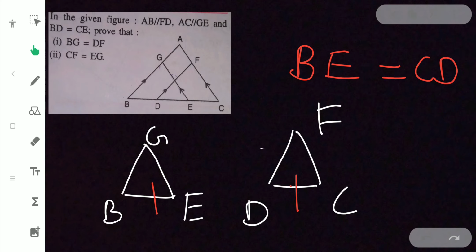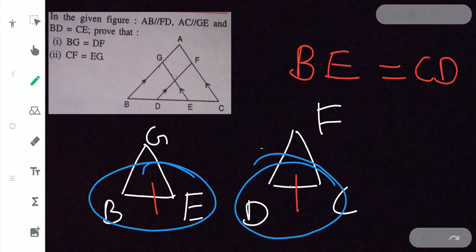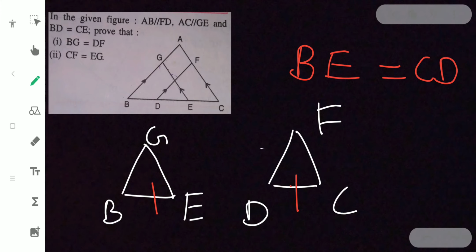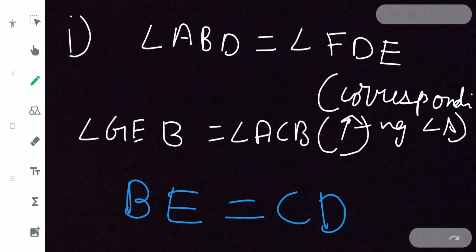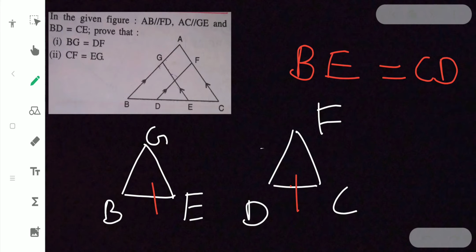So now I am having this whole one on LHS and this whole thing on my RHS. So I got the equation BE is equal to CD, and that's what we have to prove here. So now I will write the third as BE is equal to CD. Now we have three parts to prove that the triangles are congruent.